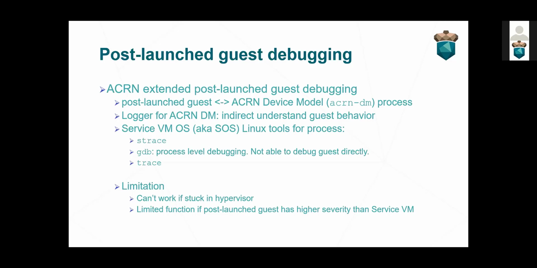For example, if you have a higher severity RTVM running as a post-launch guest, with the RTVM there are special attributes like we pass through the local APIC to the RTVM, and also we enable the virtual polling mode in the guest, so we cannot monitor what kind of virtual operation is in the guest from the ACRN DM, because all the operations are polling in the guest, in the post-launch VM itself.